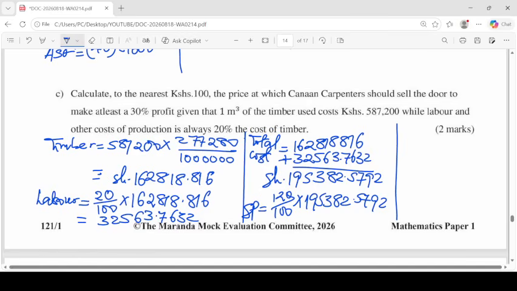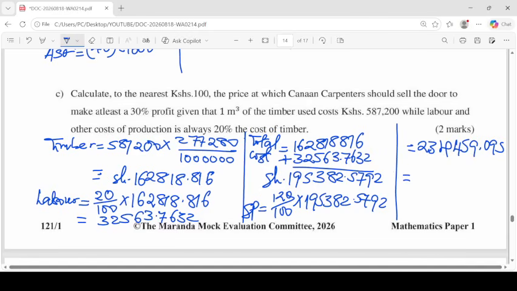So when you do this multiplication, this becomes 234,459.095. But they want it to the nearest 100 shillings.